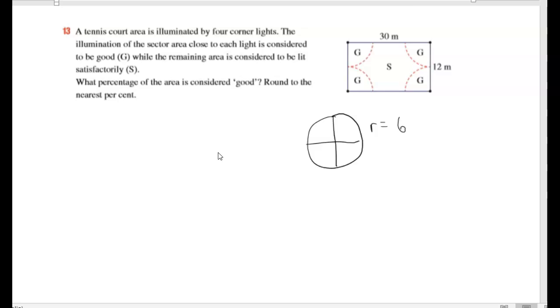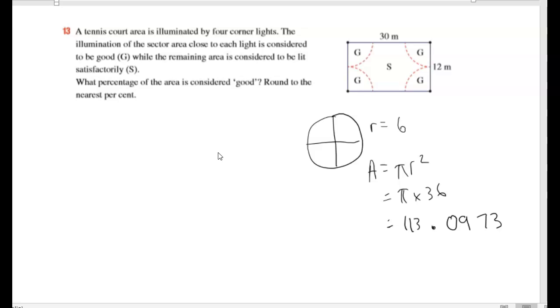So the area of this circle, the formula is pi r squared, so it's going to be pi times 36. I'm just going to do that on my calculator. Oh, why didn't you work? Okay, so it's 113.0973.